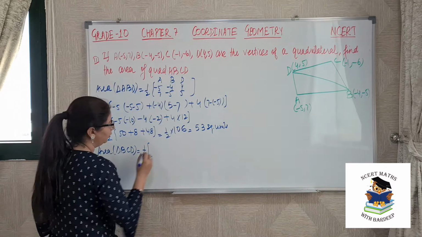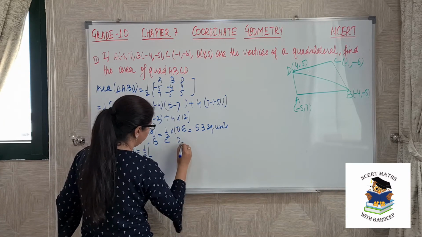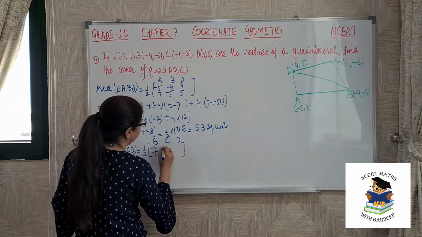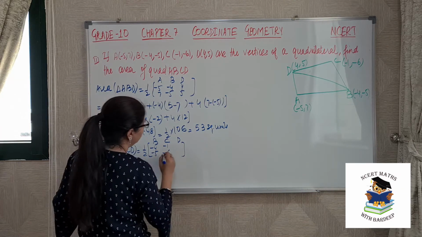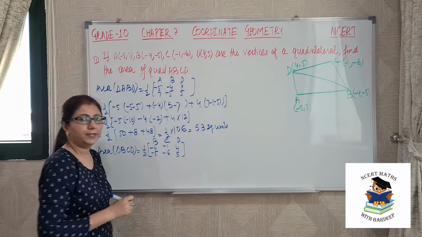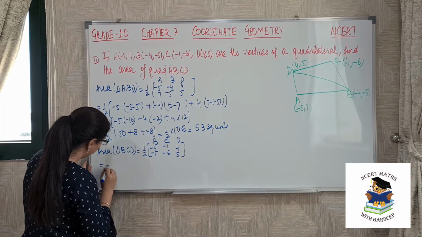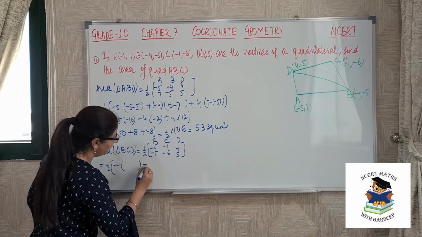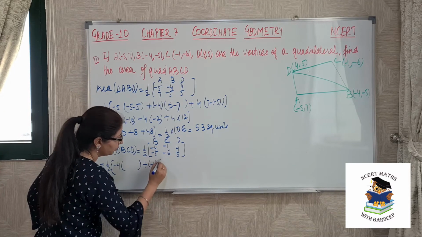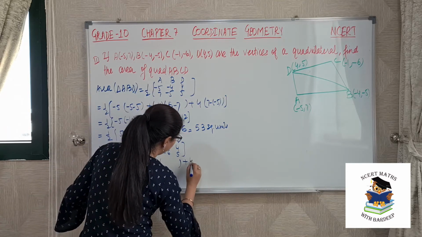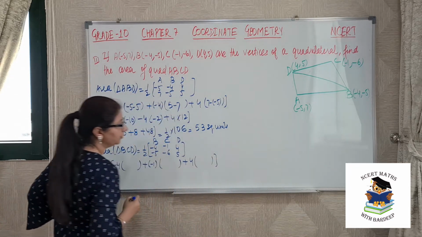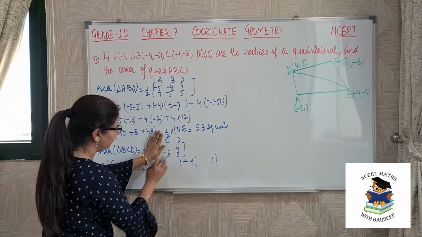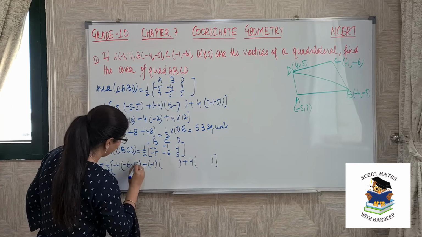This is half of BCD. So B is minus 4, 5, C is minus 1, minus 6, and D is 4, 5. So now half of x1 is minus 4, difference of y coordinates, x2 is minus 1, difference of y coordinates, and this is 4 times difference of y coordinates. So let's find. So here it is difference of minus 6 and 5. So this is minus 6 minus 5.